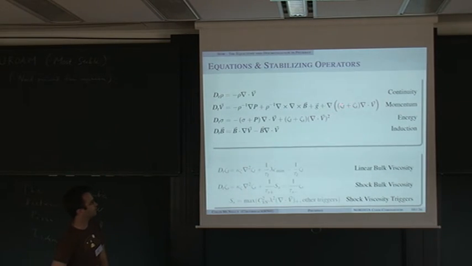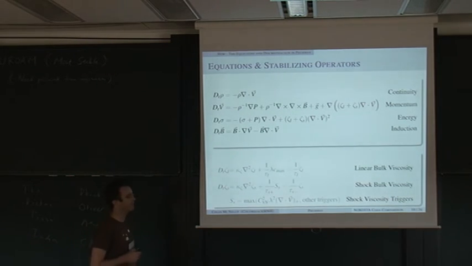These are bulk viscosities, these zetas. There are two components to it. Like in Zeus, you get something like this, with a linear and a quadratic viscosity, or a linear viscosity and a shock viscosity, L and S.